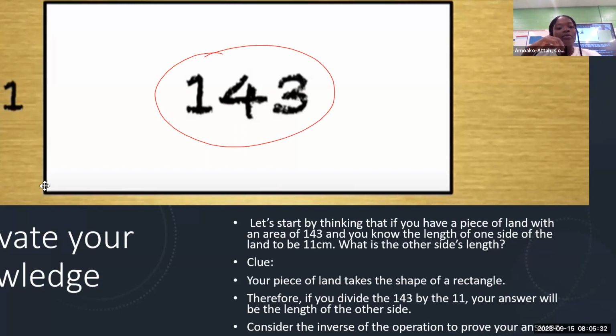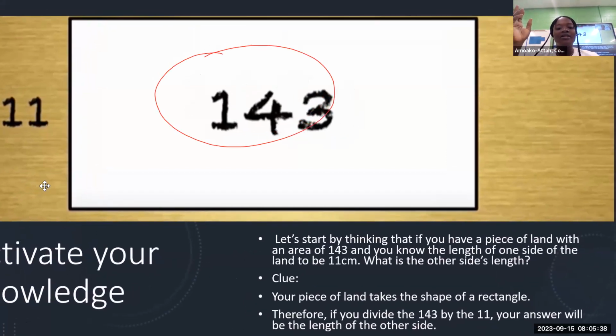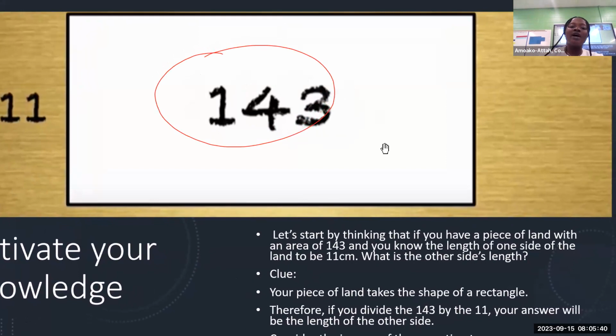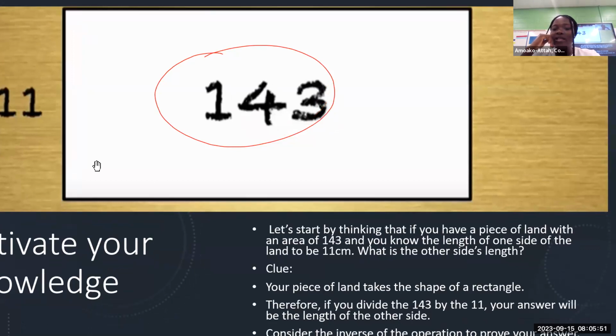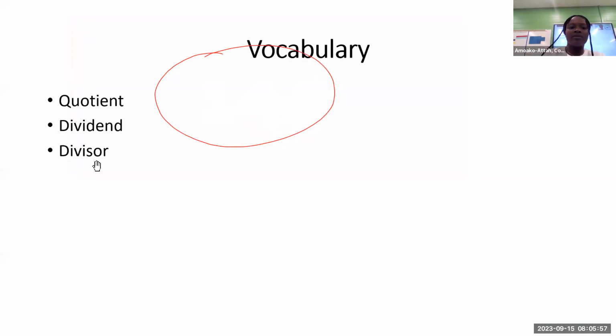Then we have one side of the piece of land to be 11 units. Now, how do we find the other side? That is the length of the piece of land. So think about it. How do you think we are going to find the length of the piece of land? Think about it and we are going to solve it together, right?